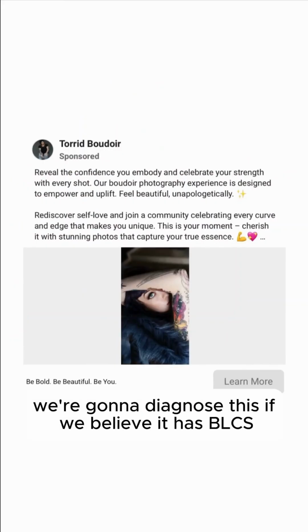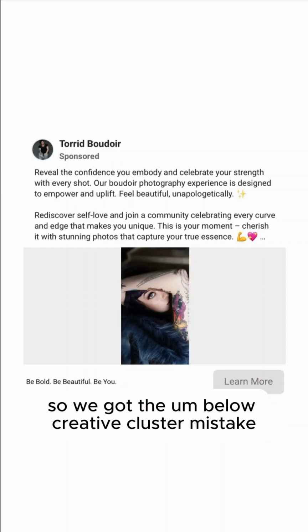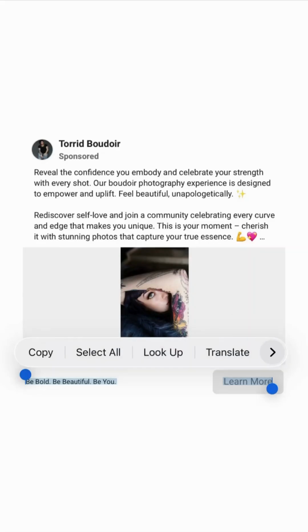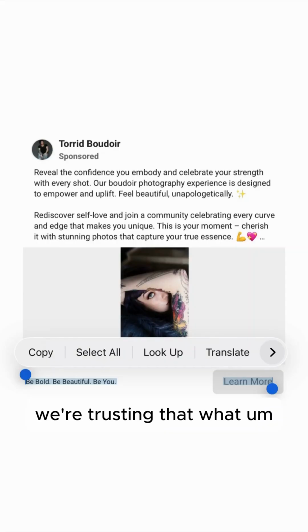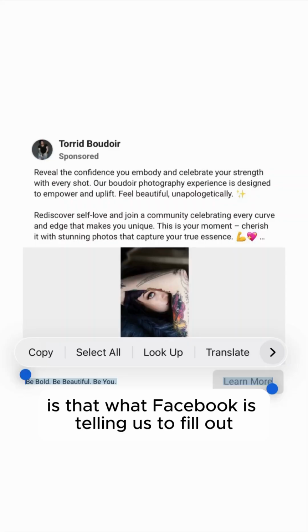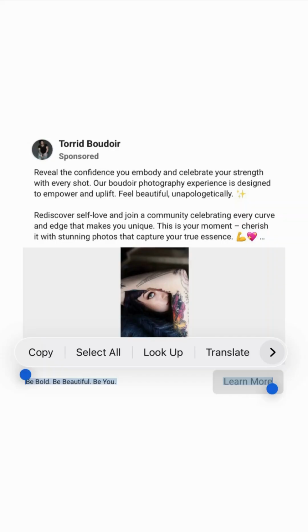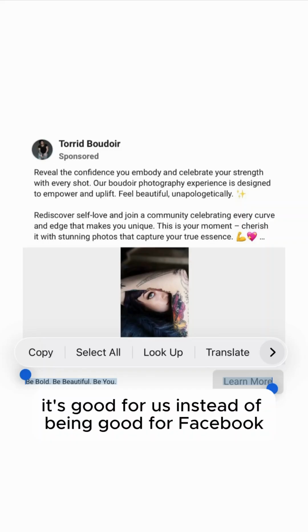All right, now we're going to diagnose this if we believe it has BLCS, aka Boudoir low click syndrome. So we got the below creative cluster mistake. The false belief that caused us to make this mistake is we're trusting that what Facebook is telling us to fill out is actually what we should fill out, and that's best for us, or it's good for us instead of being good for Facebook.